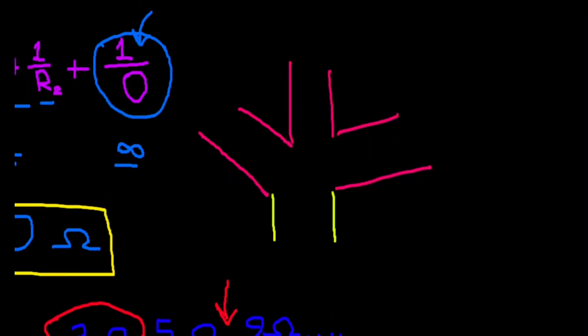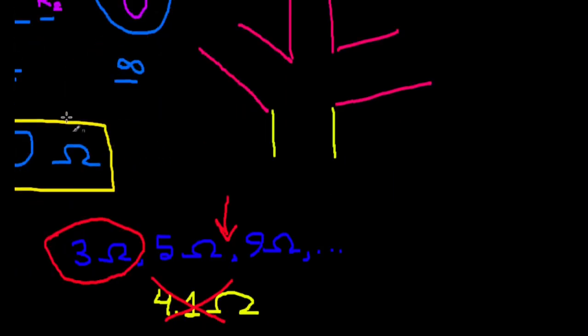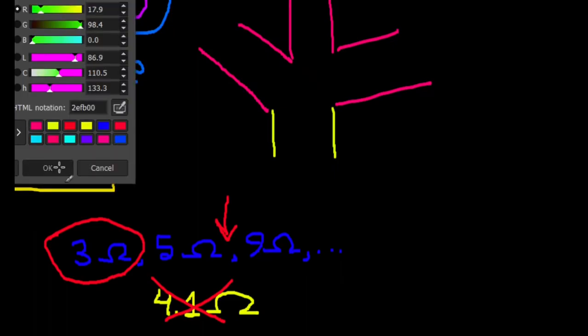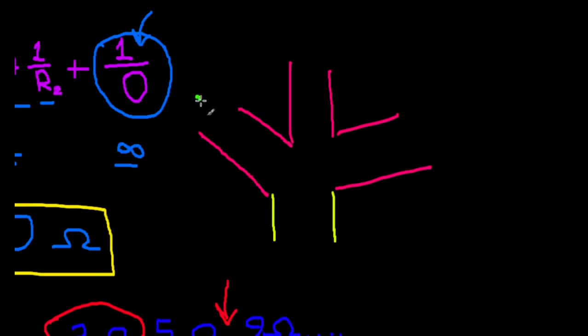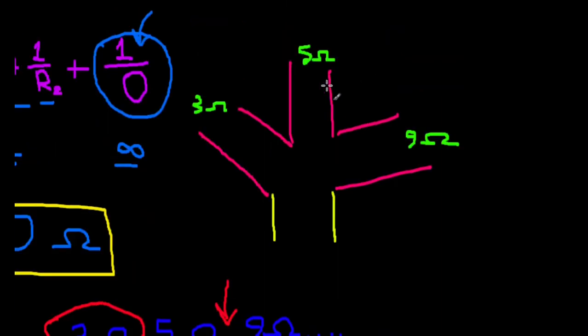Suppose this is the 3 ohm road, this is the 5 ohm road, this is the 7, and this is the 9 ohm road. Just think about them as, maybe there are 3 boulders here, 5 boulders here, 9 boulders here, some obstructions. But altogether you have 3 paths to choose from.